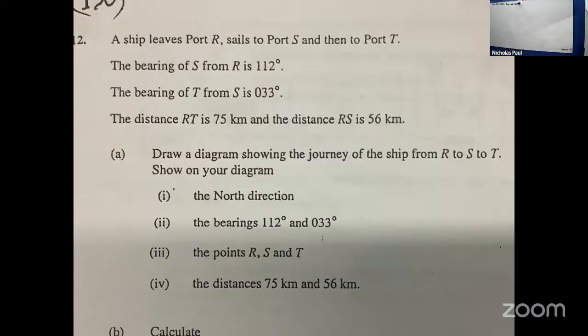So we're going R to S to T. S is on a bearing of 112, so it's 112 to S. And from S, you're going to T. They told us that RT is 75 and RS is equal to 56.